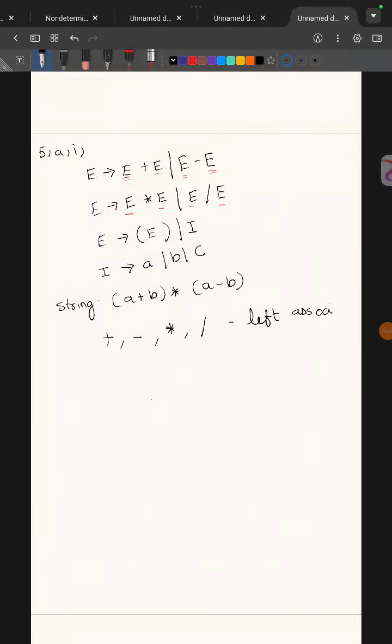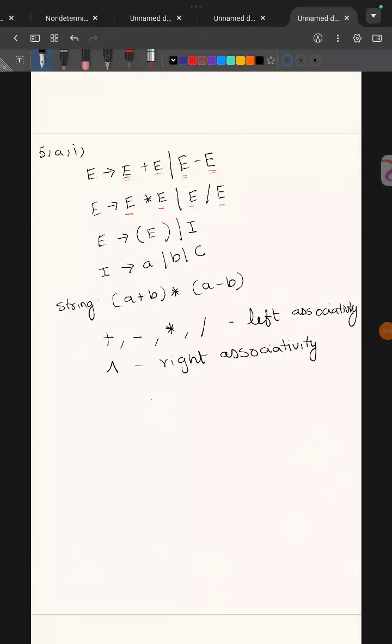Now your power symbol will be right associativity. But here in this question you don't have that, you need not worry. Suppose in the exam you get that, what you have to do, that's why I have given it here.